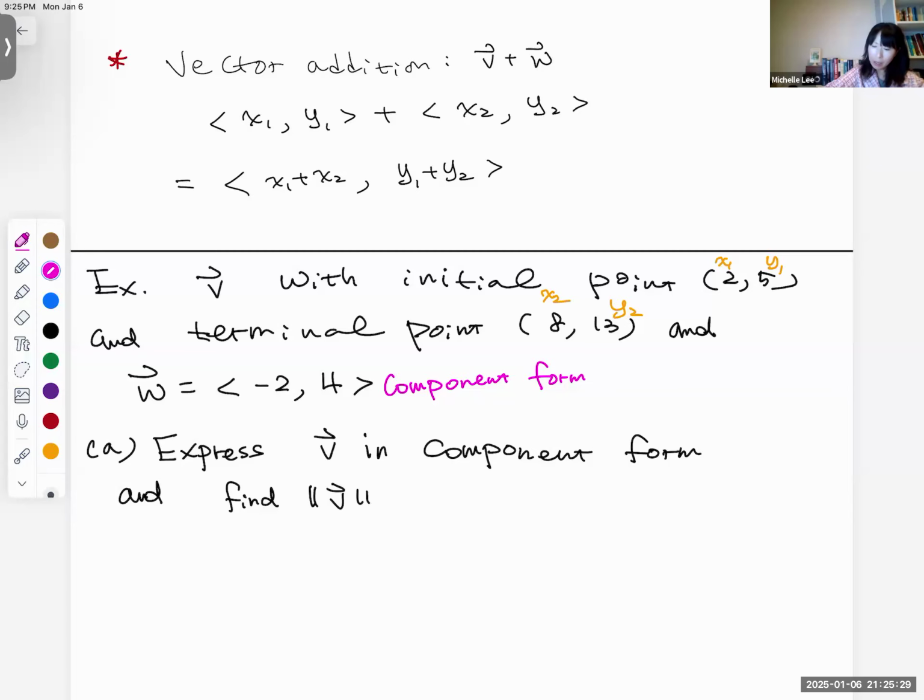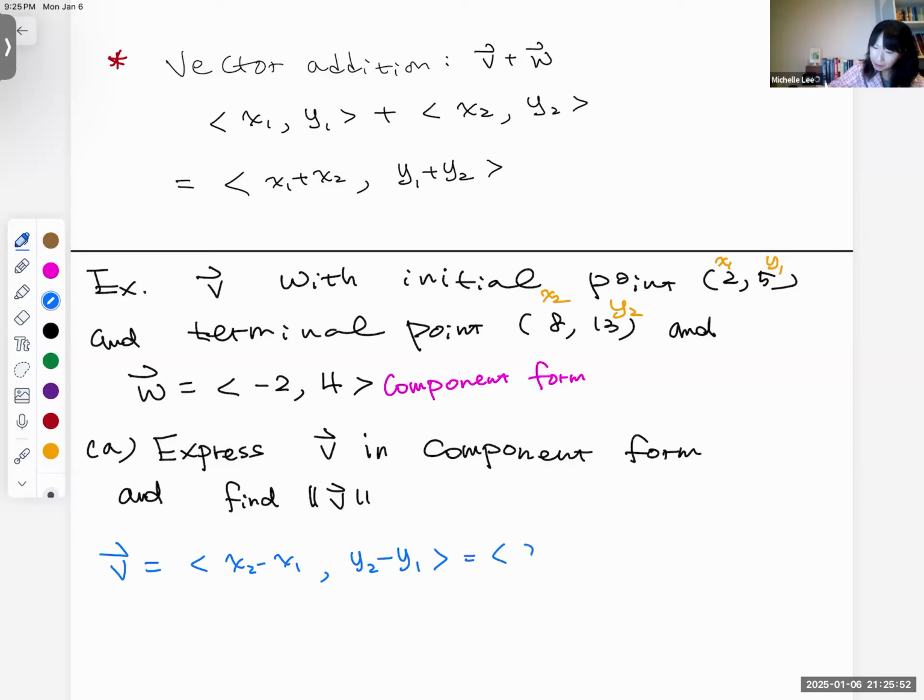Vector v equals, by the formula, x sub 2 minus x sub 1, y sub 2 minus y sub 1.